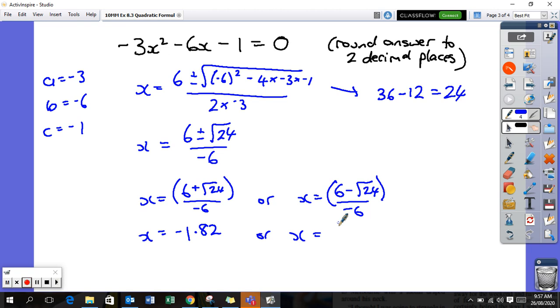Then our second one, bracket 6 minus the square root of 24, close bracket, divided by negative 6, and I get negative 0.18. So there are 2 solutions. That's all we're doing today, using the quadratic formula to work out, and we're going to get 2 solutions pretty much every time.